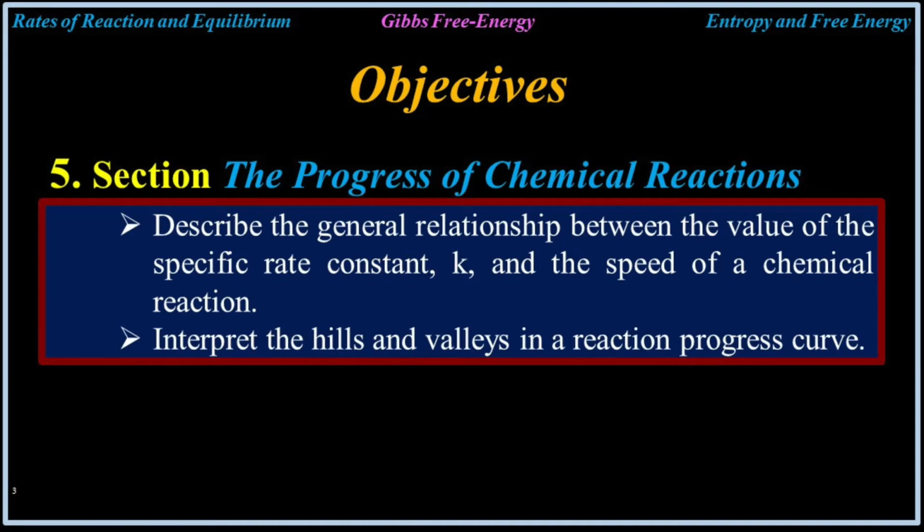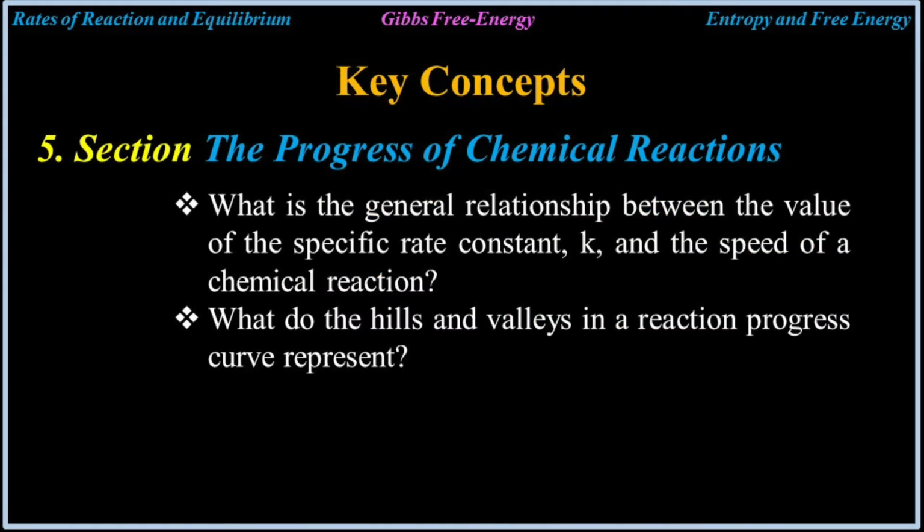Section 5. The progress of chemical reactions. Describe the general relationship between the value of the specific rate constant k and the speed of a chemical reaction. Interpret the hills and valleys in a reaction progress curve. What is the general relationship between the value of the specific rate constant k and the speed of a chemical reaction?